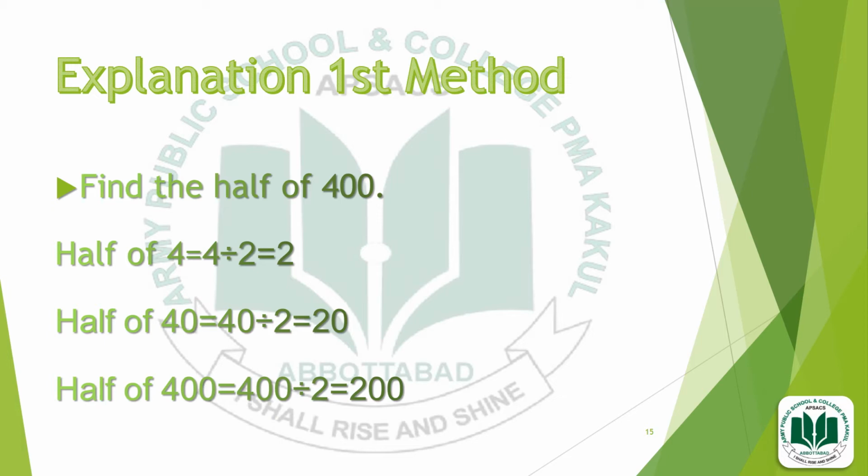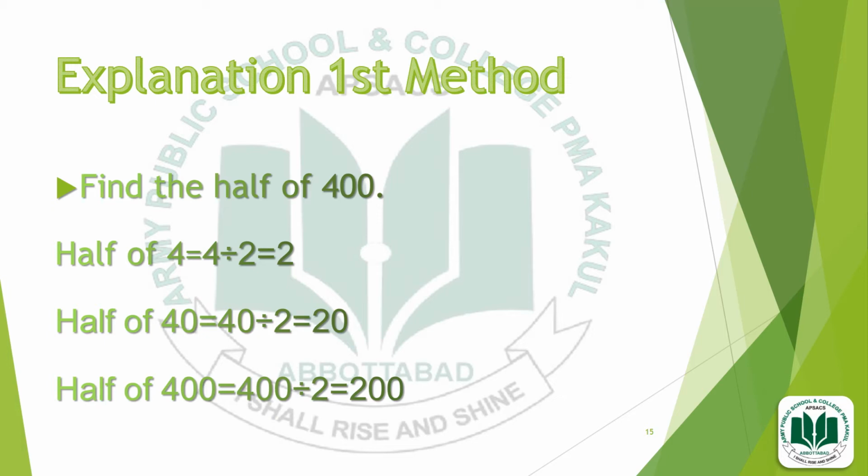So 4 divided by 2 is equal to 2. Then we can find the half of 40. 40 divided by 2 is equal to 20. It means 20 twos are 40. Then half of 40 is 20.